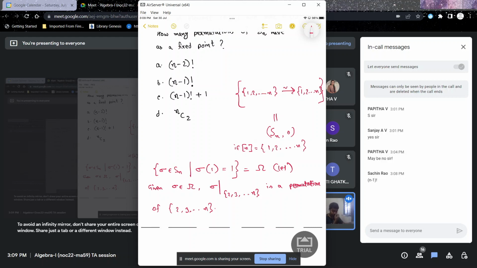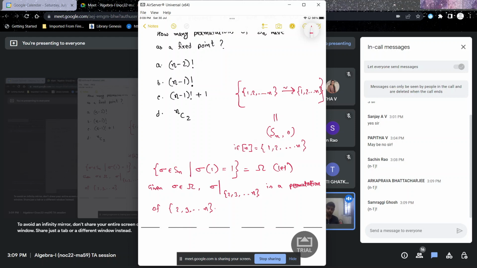And conversely, if you are given a permutation of 2, 3 up to n, then you can obtain a permutation of Sn, namely you just map 1 to itself and stitch this given permutation of 2, 3 up to n. So what I am trying to suggest is that this set omega, consisting of all permutations which fix 1, is in 1-to-1 correspondence with the set of all permutations of 2, 3 up to n.